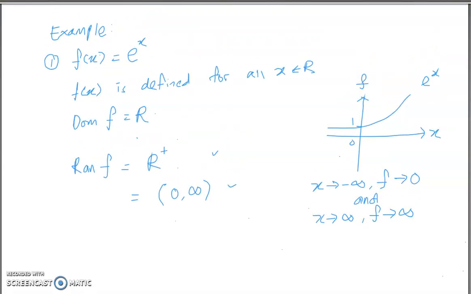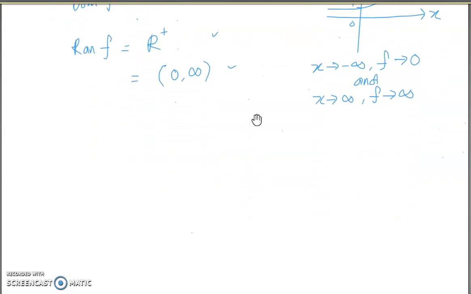Okay, now I'm going to show you another example of how you are going to determine the domain and also the range of a function. For example, right now I give you the second example. I give you the function g of x equal to the square root of x. So how are we going to determine the domain?